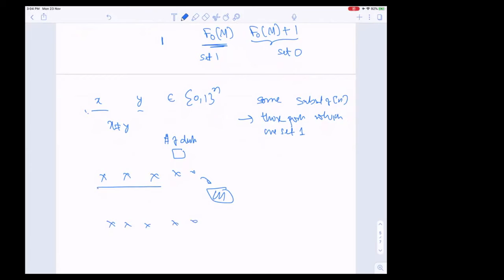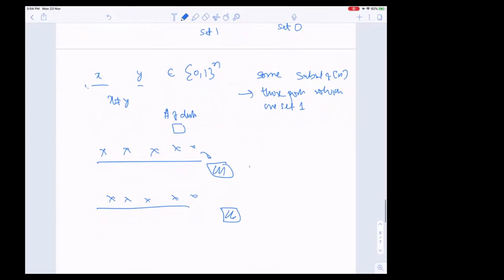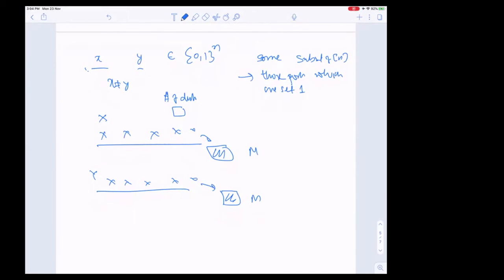As sets they are different. I fed them and got, say, m and m, the memory contents. If they are the same, this set has come from x and this set from y. Now what did I do as a procedure? It is a deterministic exact algorithm. I asked myself, okay, fine.